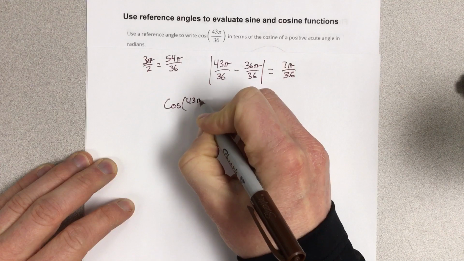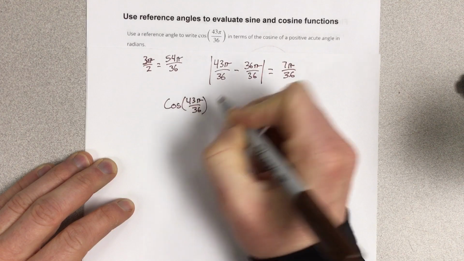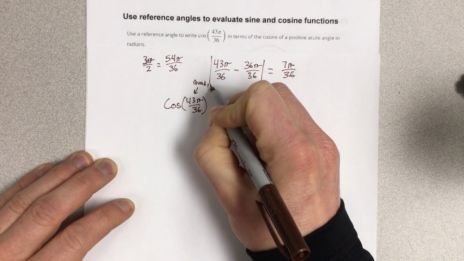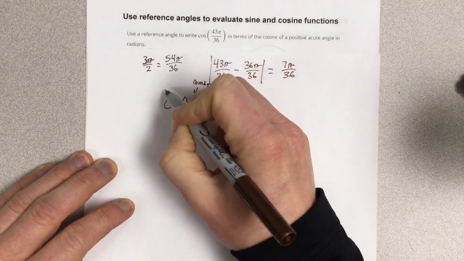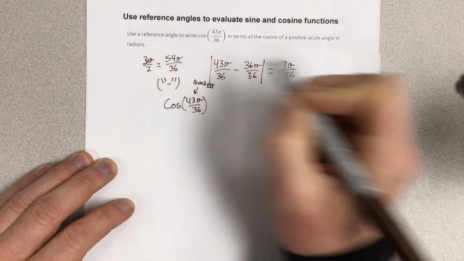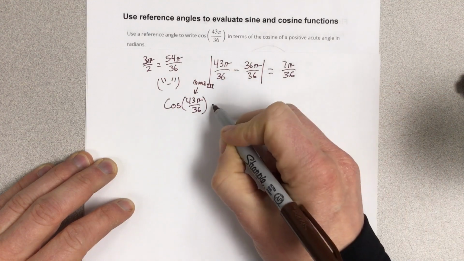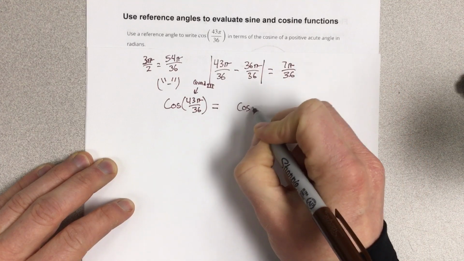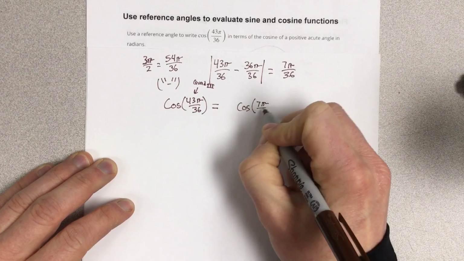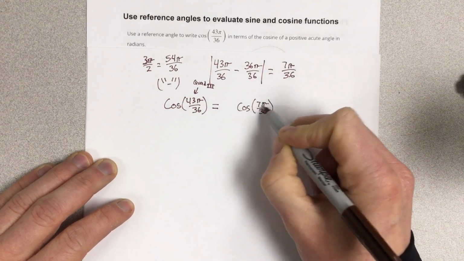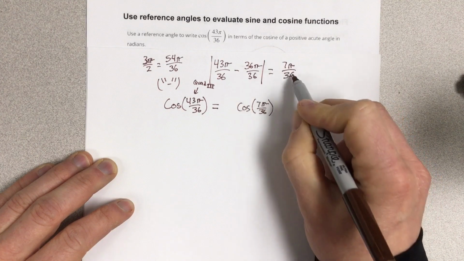So what I'm trying to do here is say that cosine of 43 pi over 36, which is in quadrant 3, makes the whole thing negative. I want to make sure that I know that that's negative. I want to set that equal to cosine of 7 pi over 36, but I need to make them equivalent expressions because 7 pi over 36 is in quadrant 1.